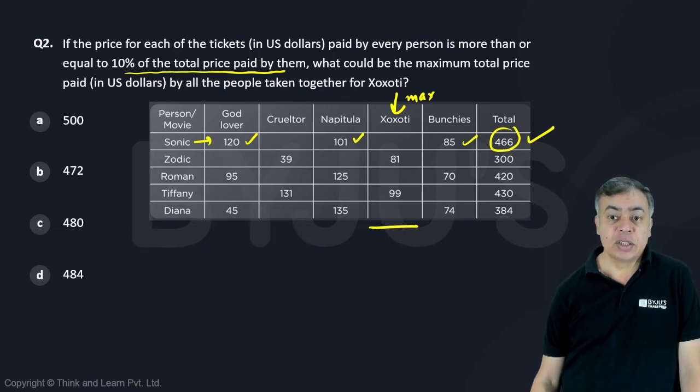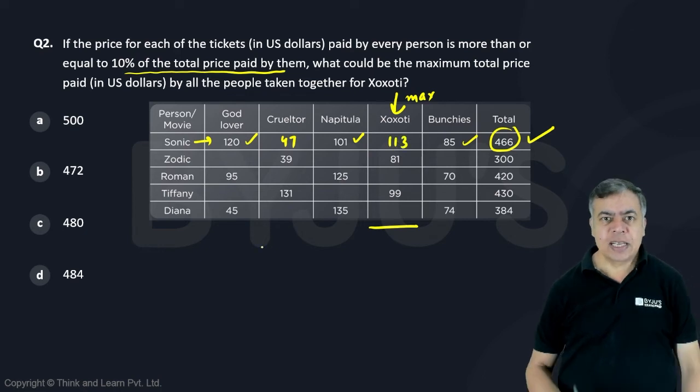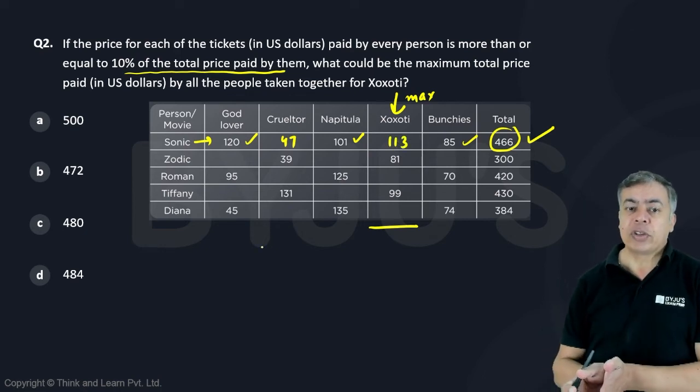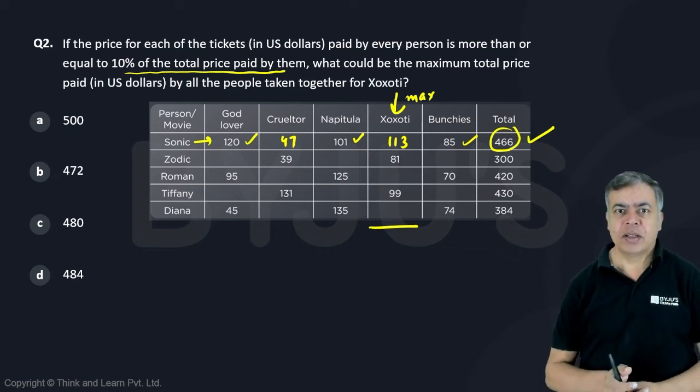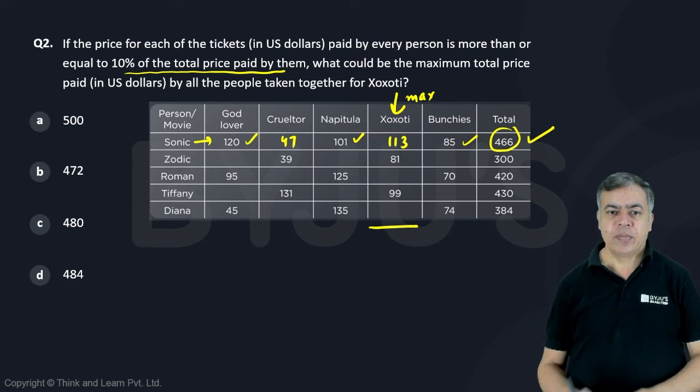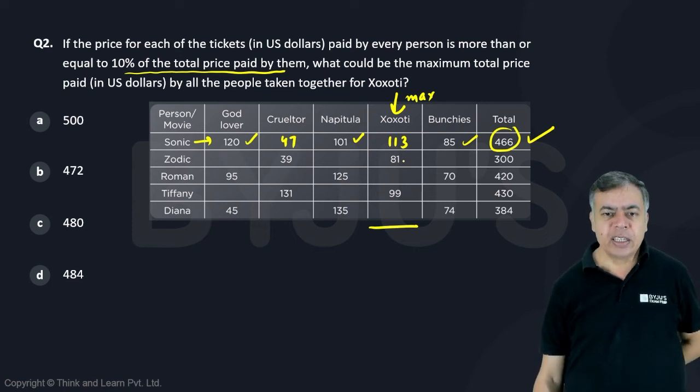The remaining is 160. Here the minimum should be 47. So 160 minus 47, 113 should be here. So to maximize X, I minimized the cost of movie C. Similarly, here it is already fixed, so I cannot change.